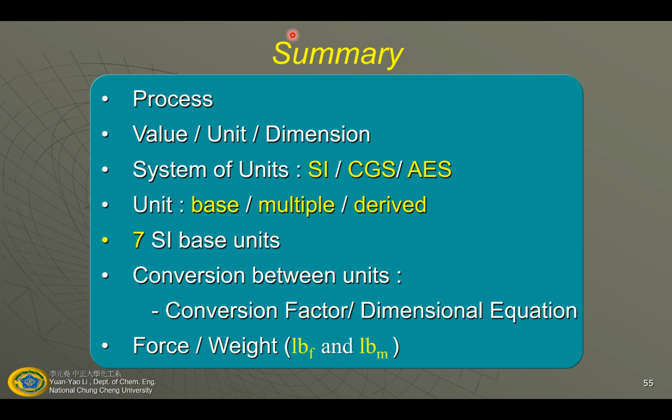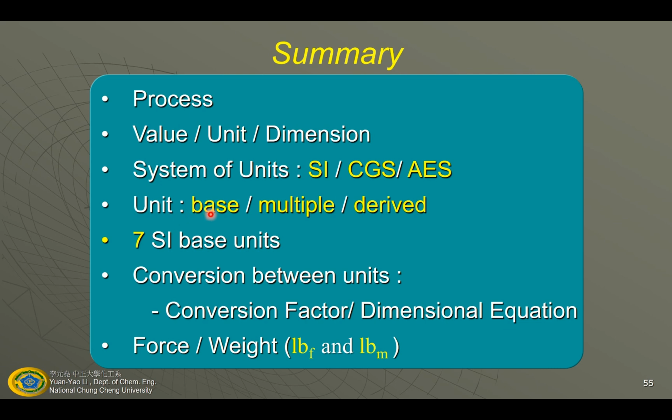So let me summarize sections 2.1 to 2.4. First of all, you need to know what is a process and what the processes are. And then you need to know volume, unit, and dimension. And for the system of units, there are 3 systems. First one is the SI system, second one is the CGS system, and third one is the American engineering system.